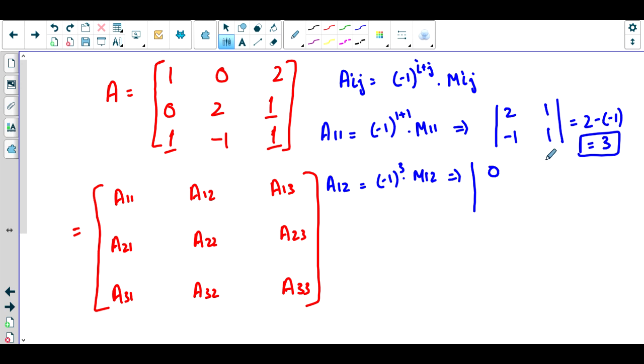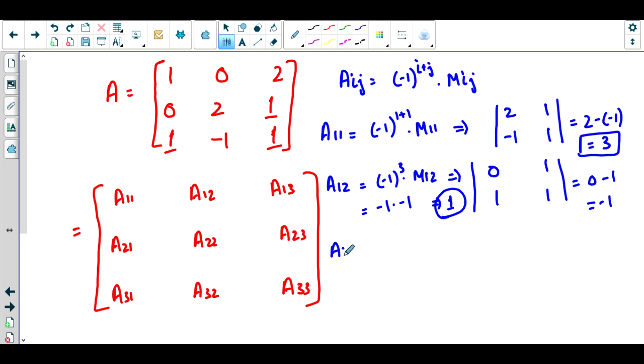We take out the first row and the second column, and we are left with 0, 1, 1 and 1. We solve it. 0 1s are 0 and minus 1, 0 minus 1, it is minus 1, but there is a minus 1 cube, so this is minus 1 into minus 1, which is 1.